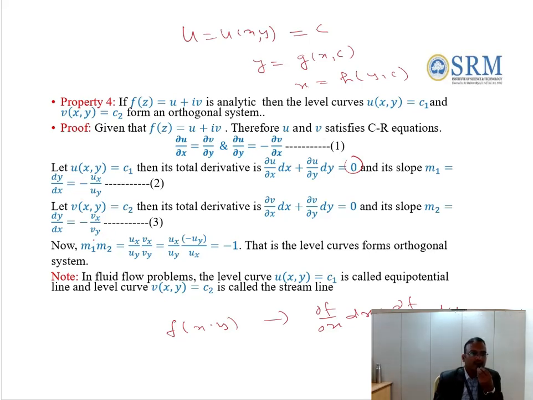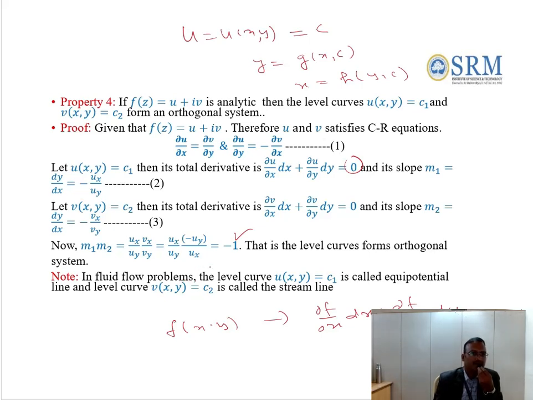Similarly, if v equal to c2, then the total derivative is dou v by dou x into dx plus dou v by dou y into dy equal to 0, and its slope m2 is dy by dx equal to minus vx upon vy. If you multiply the slopes m1 and m2, we get ux divided by uy times vx divided by vy. By using the CR equations, we arrive at the product of the two slopes equal to minus 1. In lower classes, we have seen that if the product of two slopes is minus 1, then the curves are perpendicular at the point.